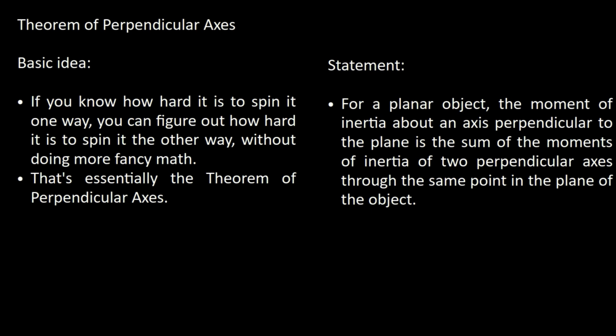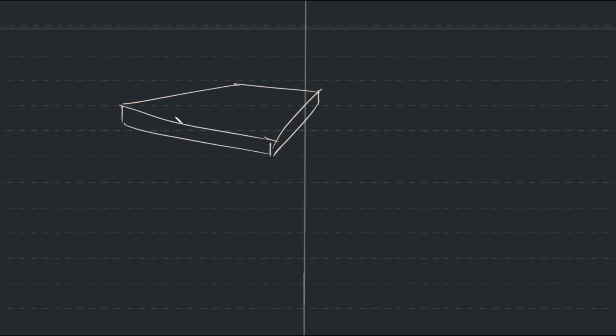is the sum of moment of inertia of the two perpendicular axes through the same point in the plane of the object. So again, I know you guys got it, but still for my satisfaction, say I have some object like this. It's plane, uniform thickness and everything. So if I'm rotating along this point, and this is your axis of rotation.